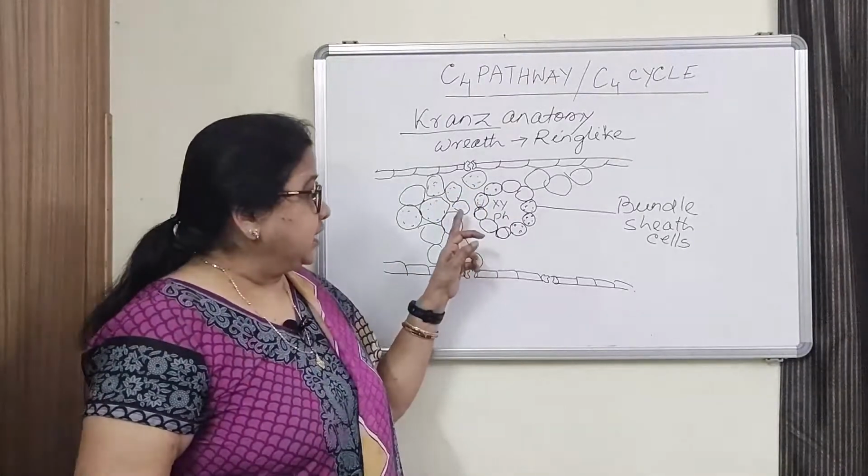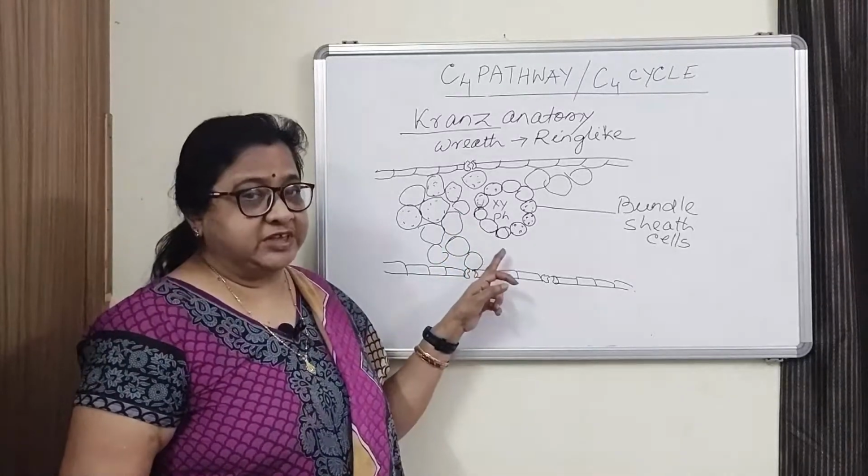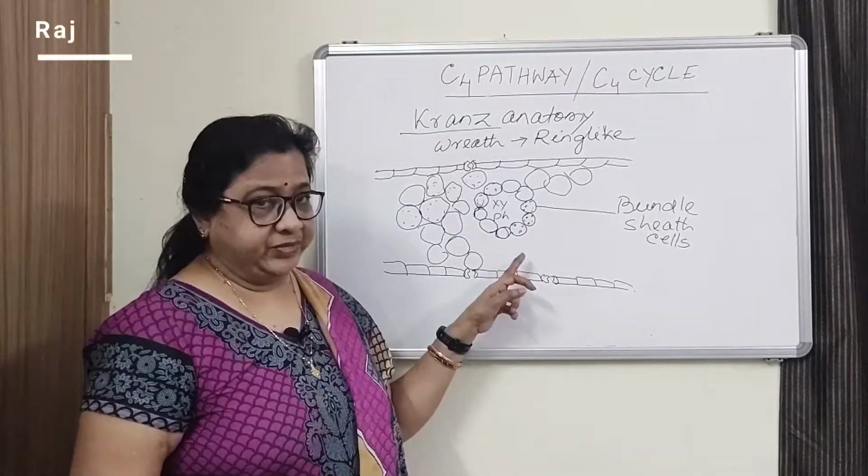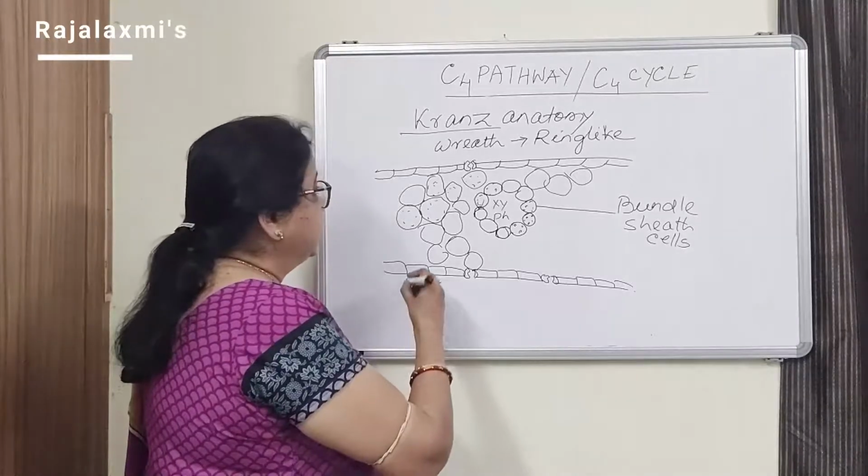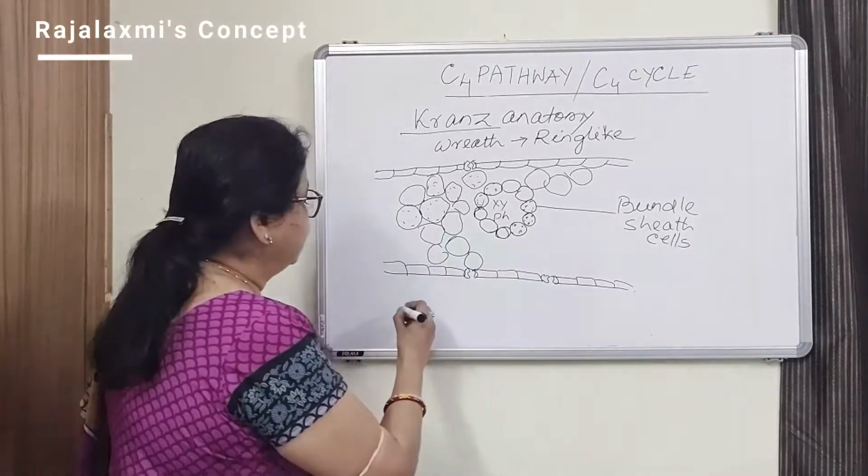But there are two types of chloroplast present in C4 plants. That means it shows dimorphic chloroplasts.